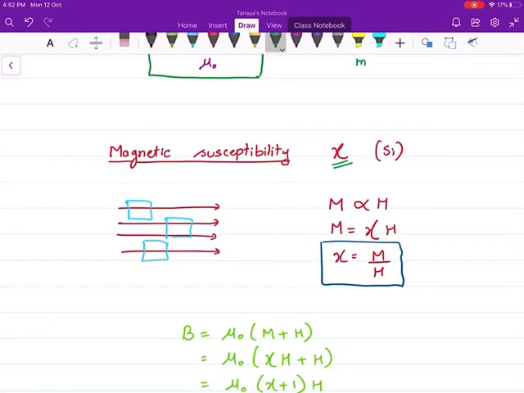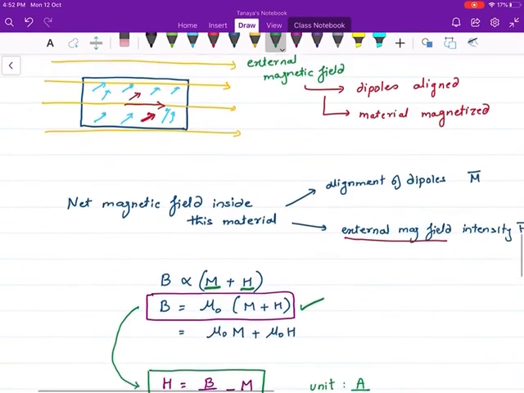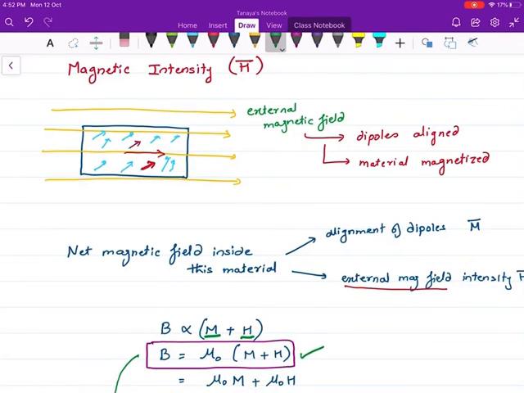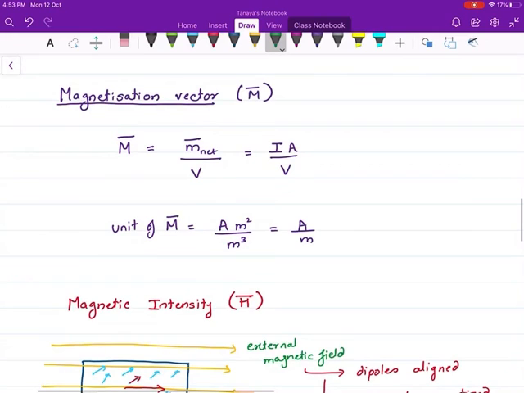Now, how do I find this susceptibility? We had seen that how much these dipoles get aligned will depend on what? It depends on the external magnetic field. This alignment, or the magnetization vector, meaning how much the dipoles are getting aligned, what does it depend on?